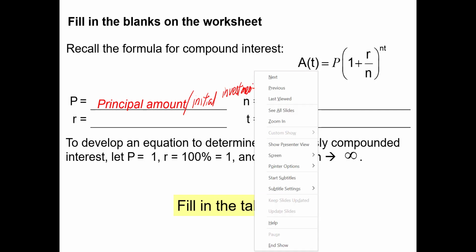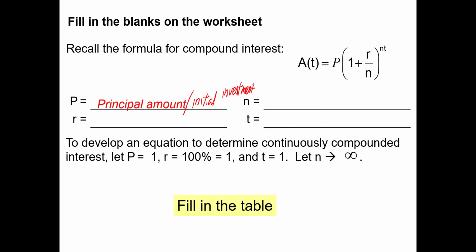We also have N, which is the number of compounding periods, and R is the annual interest rate, and T is the time in years. Okay. So the compound interest formula is principal times open parenthesis 1 plus R over N to the NT power.